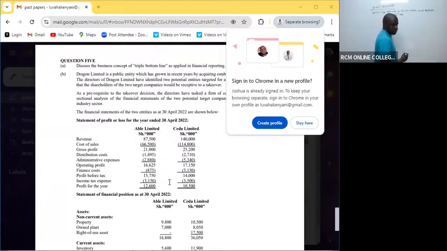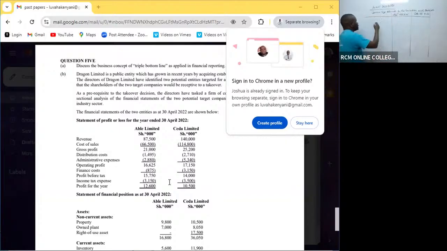And of course, we have SEDA Limited. Our amounts in this case are in shillings of thousands.